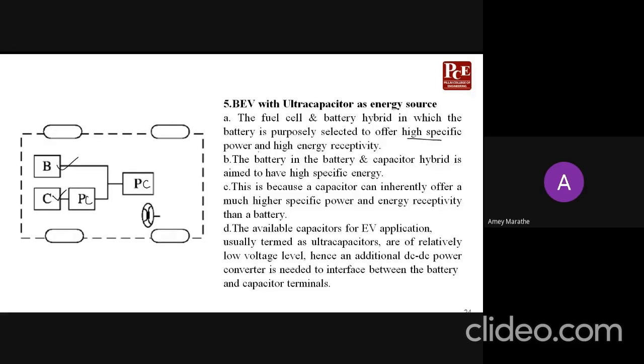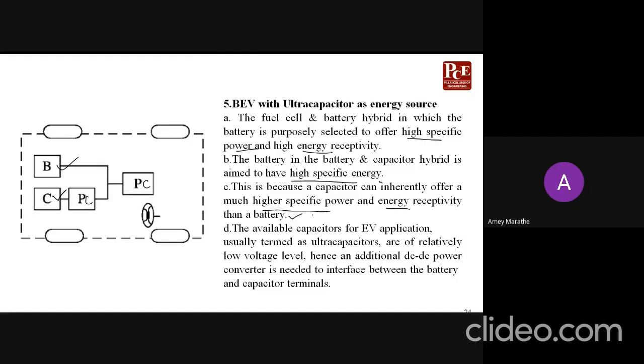So this is what we have seen in the last slide. In the battery and capacitor hybrid, the battery is aimed to have high specific energy. This is because a capacitor can offer a higher specific power and energy receptivity than a battery.